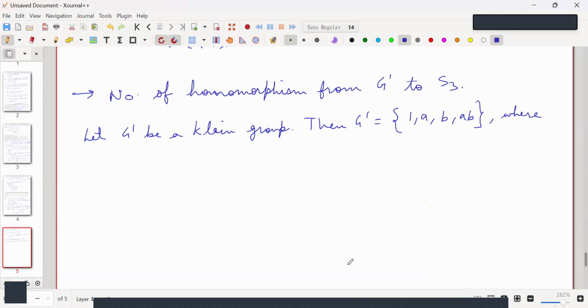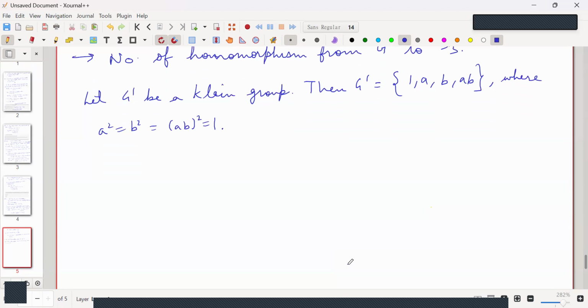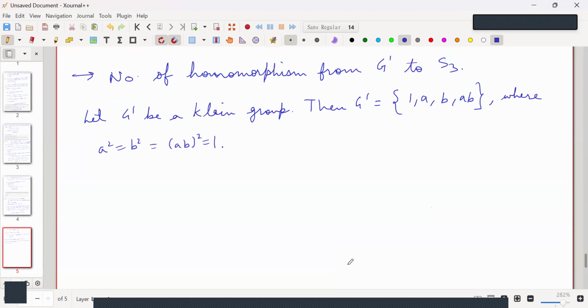I haven't thought about another proof, but taking case by case, I run into contradictions and end up with only one element mapping to one element and the rest of them mapping to the identity.